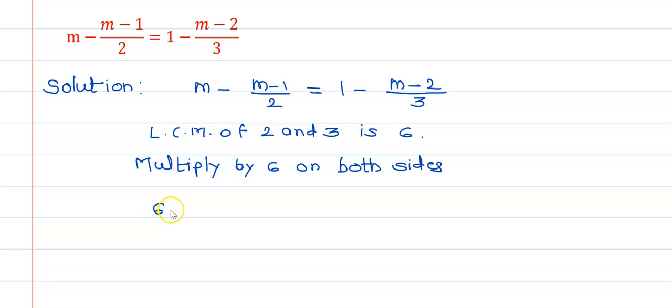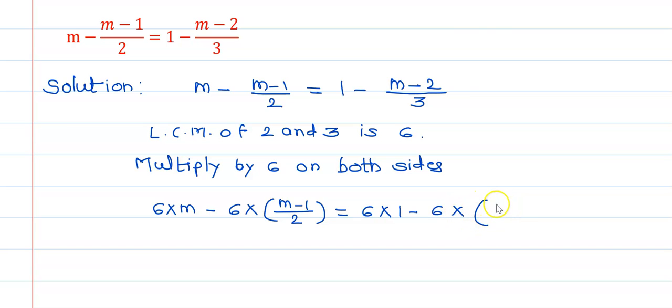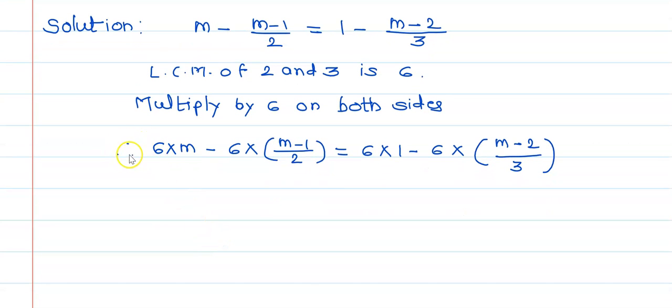Therefore 6 into m minus 6 into (m minus 1) upon 2 is equal to 6 into 1 minus 6 into (m minus 2) upon 3. Now the simplification: 6 into m, you will get 6m.